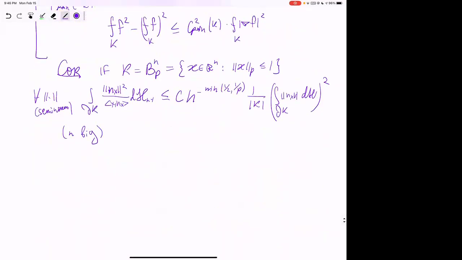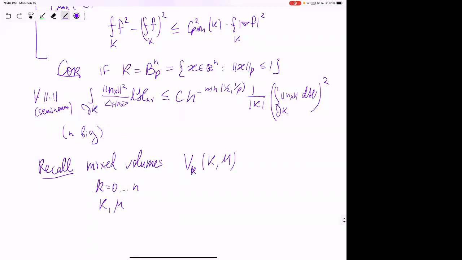Actually, I don't have that much time. Let me recall mixed volumes just very quickly. The concept of mixed volumes, V_k(K, M), where k ranges from 1 to n, and K and M are convex bodies. The mixed volume is defined to be (n-k)! over n! times the k-th derivative of the volume of K plus tM, at t equals 0.